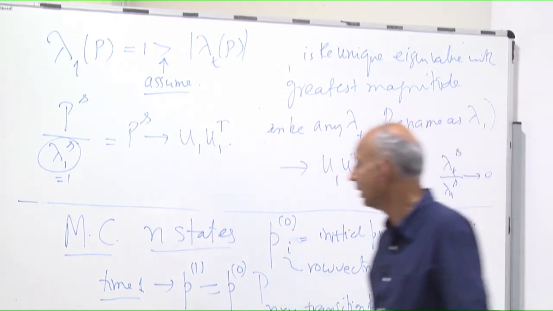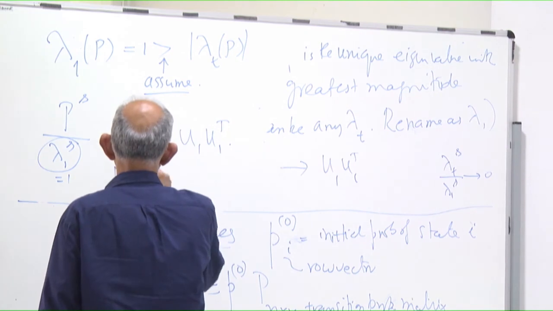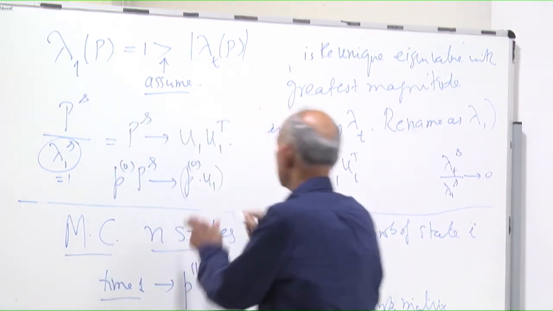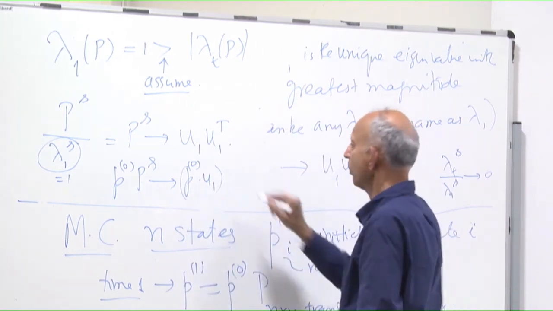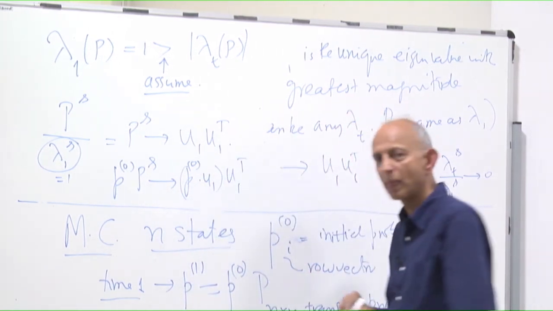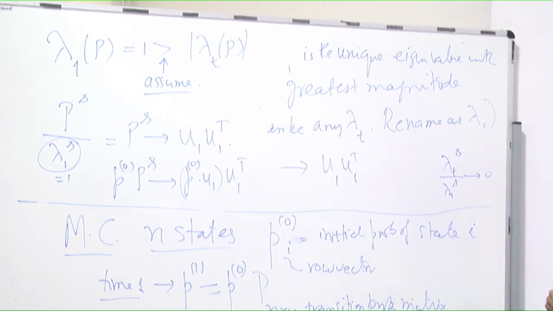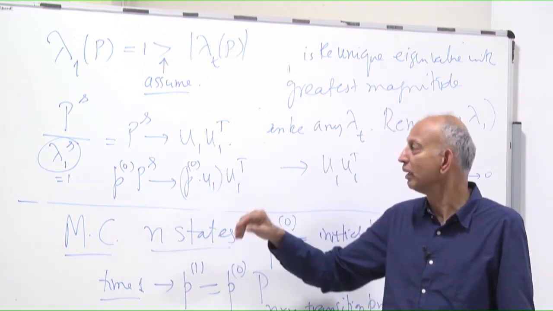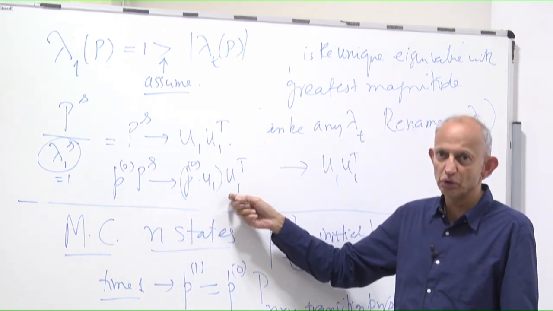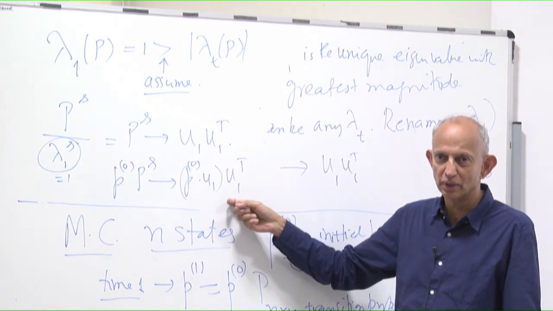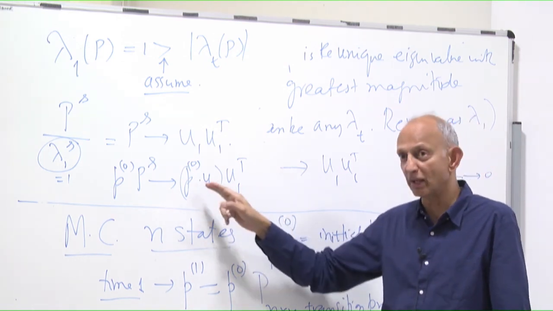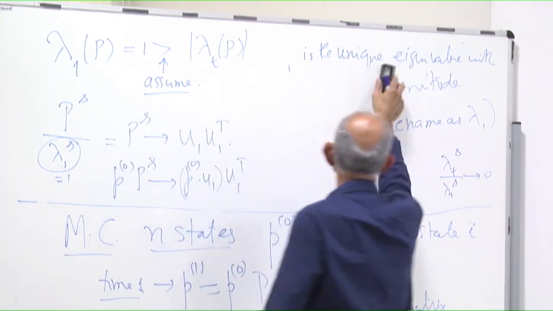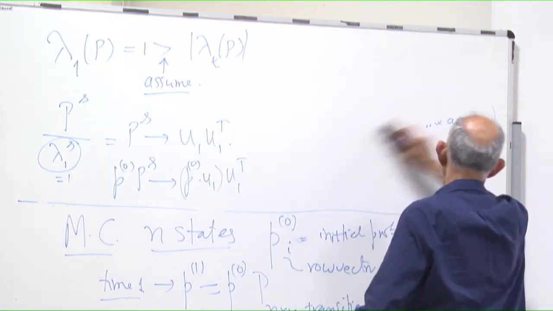And now if you hit it with P0, so P0 times P to the s converges to P0 dotted with u1, times u1 transpose. This is a dot product, row vector and column vector. Right? What that says is whatever P0 is, it doesn't matter. I always converge to probabilities proportional to u1. Okay? This is just a scalar. Right? So always converge to probabilities proportional to u1. Right? One fixed u1, whatever P0 is.